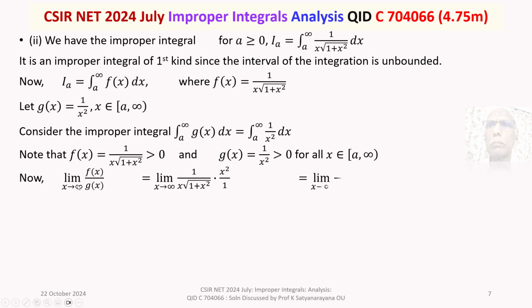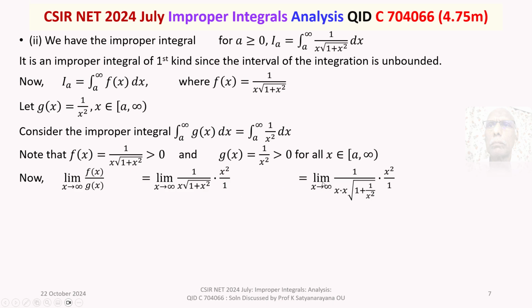Now in this case, limit x tends to infinity of f of x by g of x, that is equal to limit x tends to infinity of 1 by x under the square root of 1 plus x square. This is f of x. Into g of x, it is reversed, x square by 1.